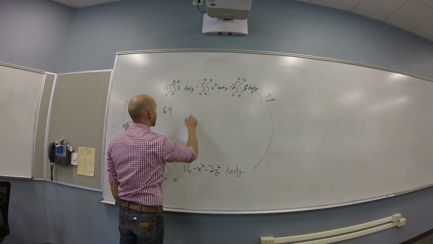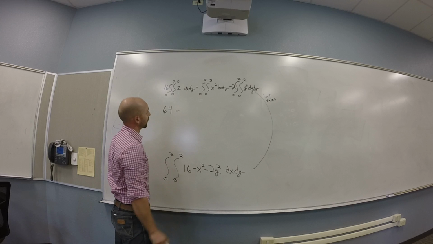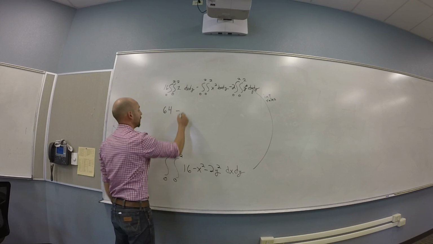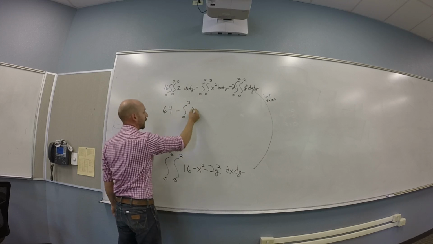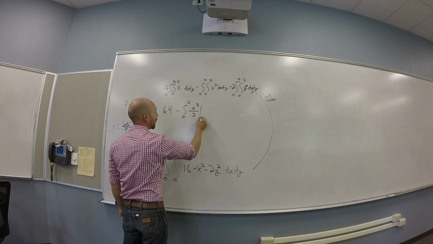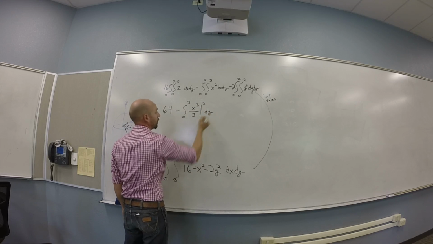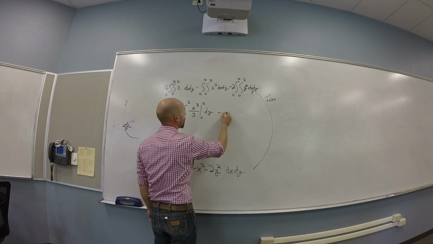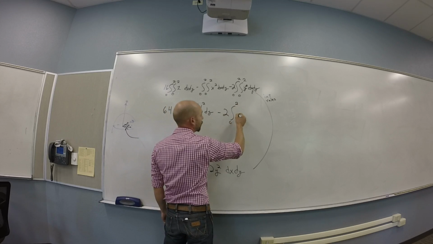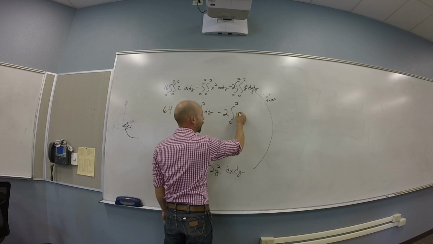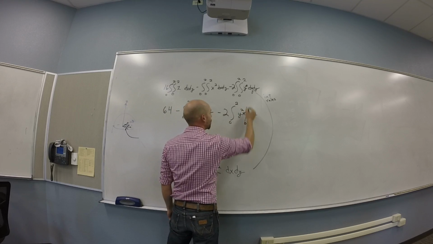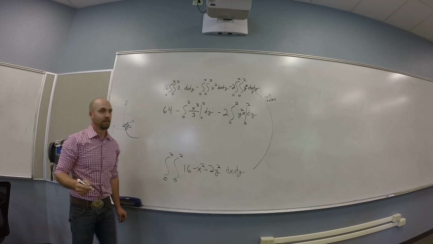Okay, and then here, what do you get? You got minus the integral from 0 to 2 of x cubed over 3, maybe? Evaluated from 0 to 2, dy. And then here you get a similar thing. Minus 2, the integral from 0 to 2 of y squared times x. Evaluated from 0 to 2.